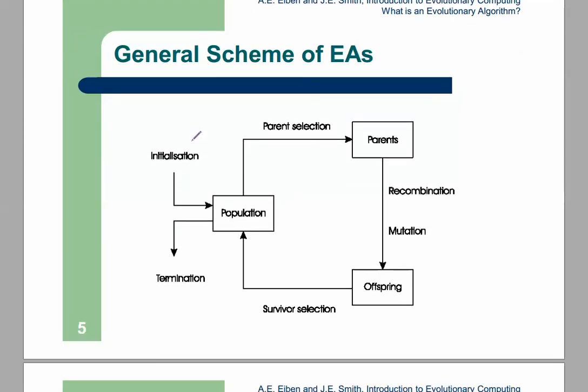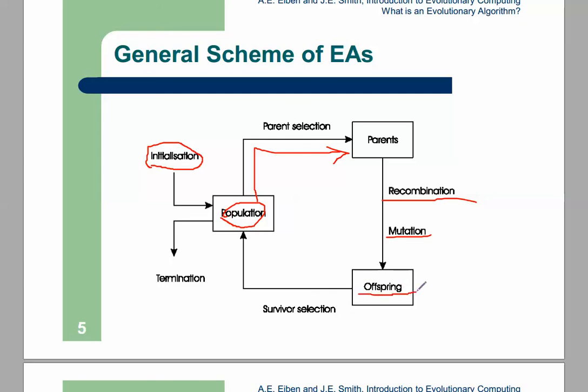It is a graph of the EA loop. Initialization of population: first, we generate some random population. Then parent selection. We select pairs of individuals as parents. Parents crossover with each other or recombine, then mutate, and offspring. Offspring is children.